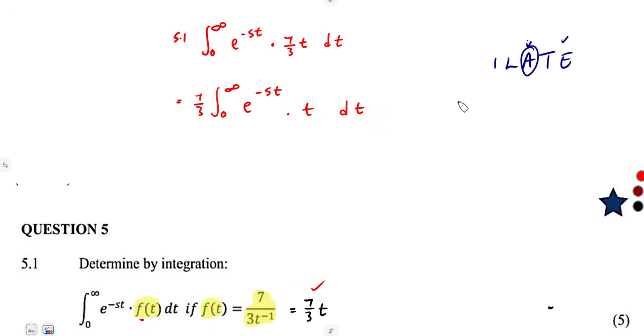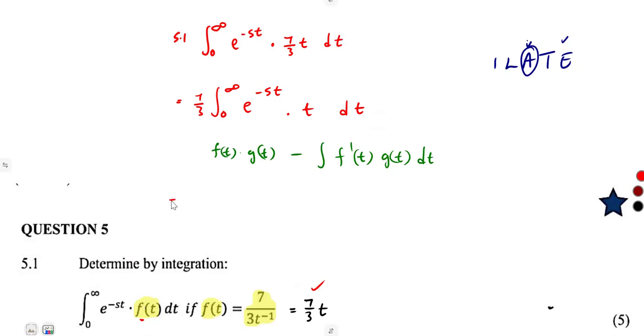So its integral is f of t times g of t, minus the integral of f prime t times g of t with respect to t.